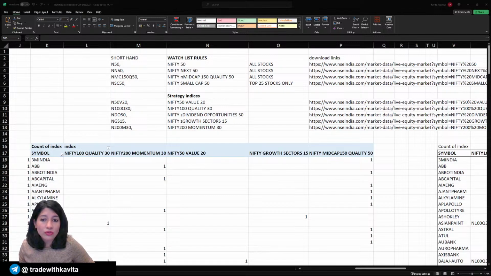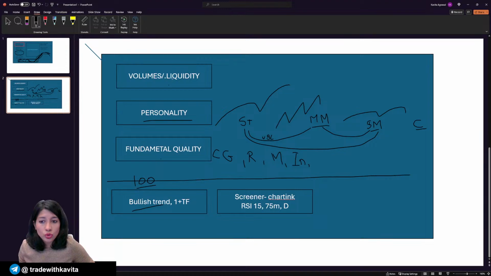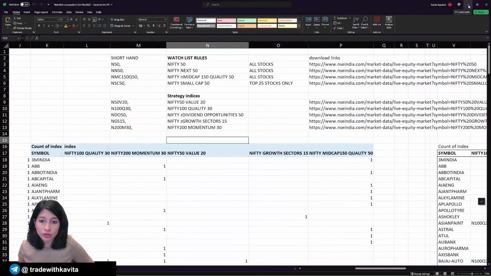On the basis of the constituents of this list, I go back to the charts to ensure that the volume and liquidity is good, the personality matches my requirements, and the fundamental qualities, that is corporate governance, revenues, margins, and the industry tailwinds, are on point for me to take my positions.